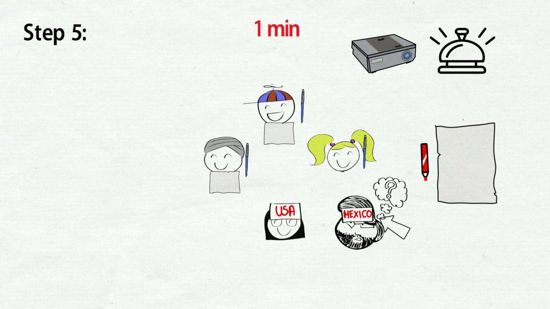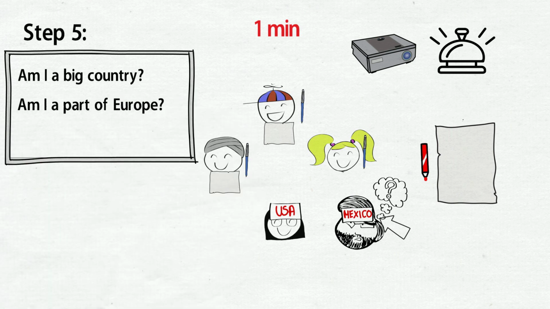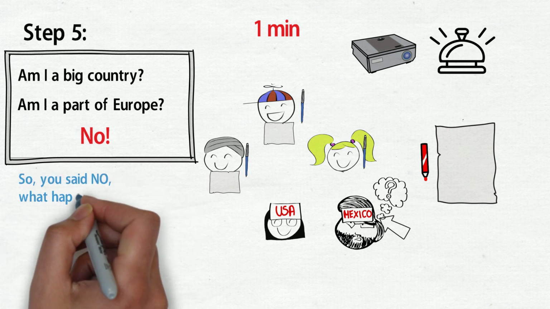Step 5. Start playing the game. Now, as you ask questions, make sure to write some of them down on the board, so students know what kind of questions they should ask later on when it's their turn. Then keep asking questions until you stumble upon your first no. As soon as you hear the first no, ask the student something like, "So, you said no, what happens now?